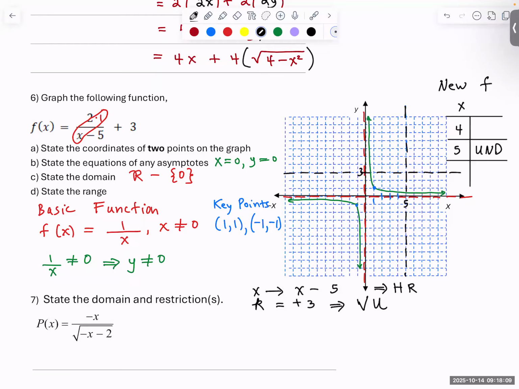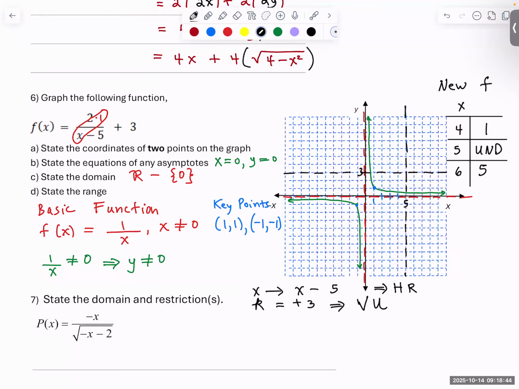We want to input 6. 6 will make a nice, easy calculation. 6 minus 5 in the denominator. So careful mental math. If x is 4, 4 minus 5 is -1. Positive 2 divided by -1 is -2 plus 3 is 1. And for x is 6, 6 minus 5 is 1. 2 divided by 1 is 2. 2 plus 3 is 5.